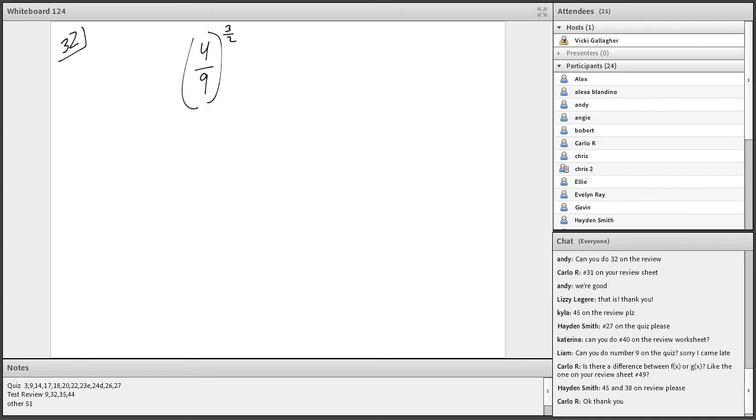And so for the exponent, since it's a fraction, and we kind of just talked about this on the last problem, but we went the other way. Since it's a fraction, I can write that as a radical. And so I'm going to put the whole thing under a radical symbol. 4/9. And since the denominator was a 2, it's a square root.